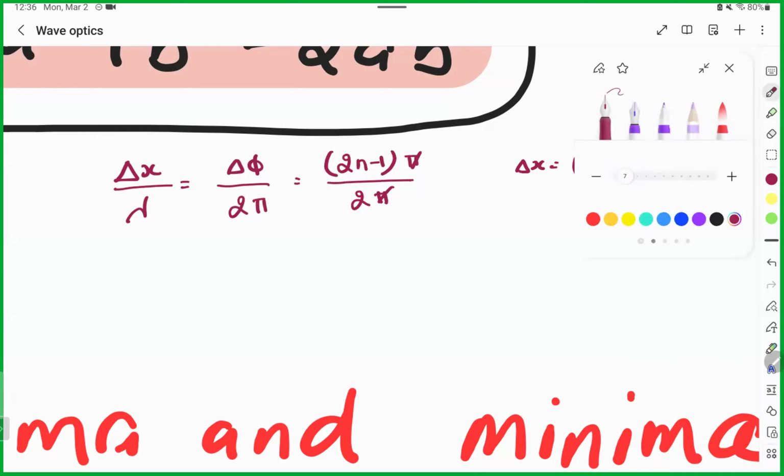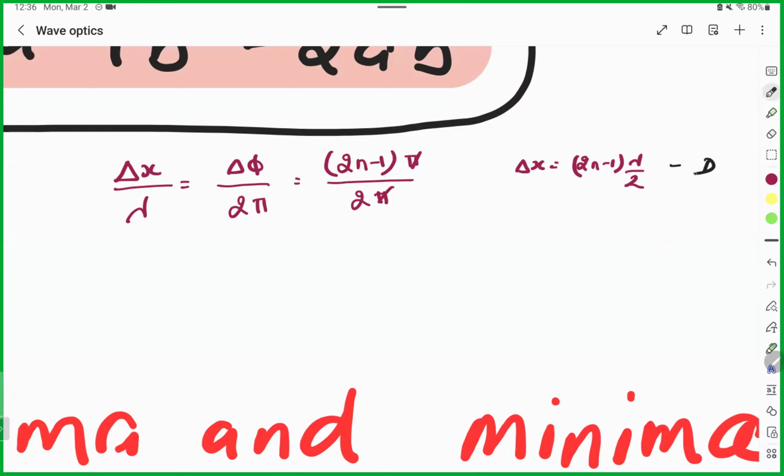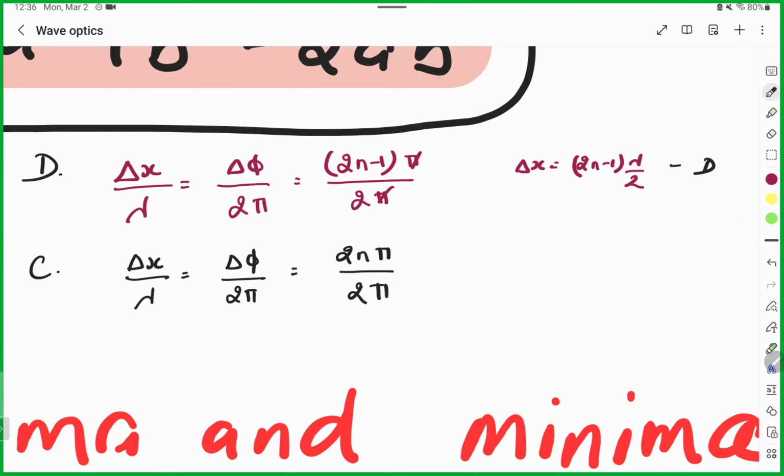This is for destructive. What happened in constructive? Same formula: delta x by lambda is equal to delta phi by 2 pi. You take the ratio of length and ratio of angle. There, this value was 2n pi divided by 2 pi. This cancels, and your delta x value was n lambda in constructive.